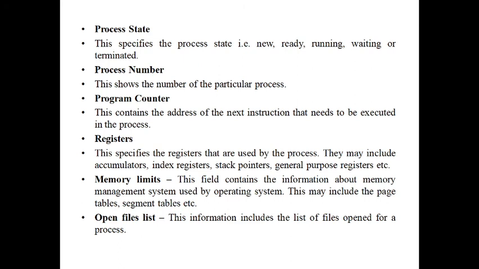Simply, the process control block means the state of the process. If you want to know the state of the process, you have to see the process control block of that particular process. Then only you will understand at what state the process is now.